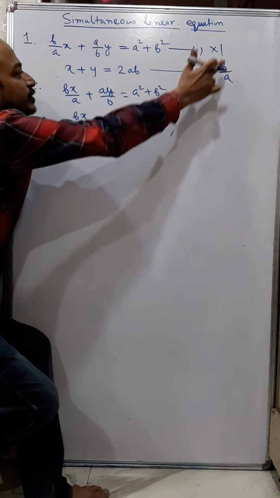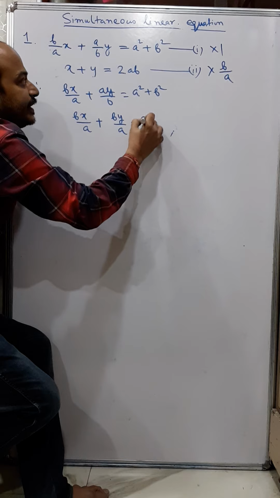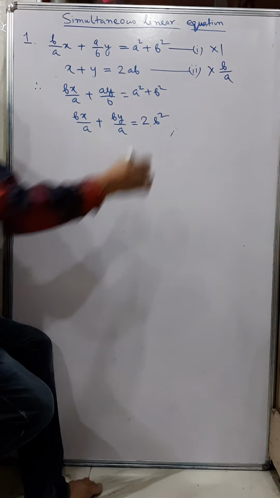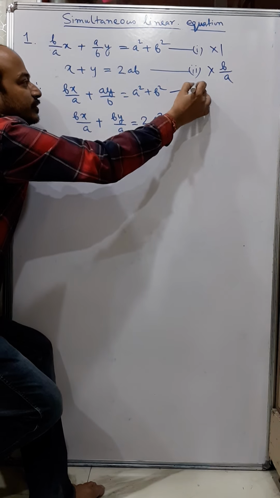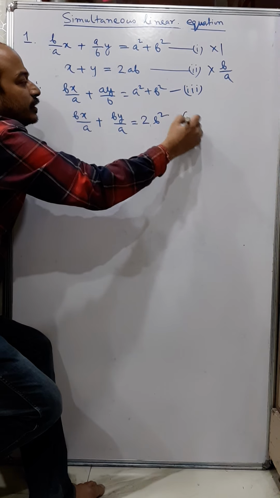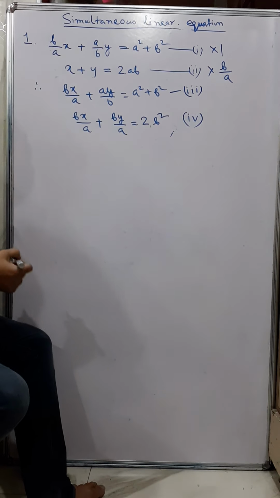We can write directly, 2ab into b by a gets cancelled, we can write 2b square. So this is our third equation and this is our fourth equation.